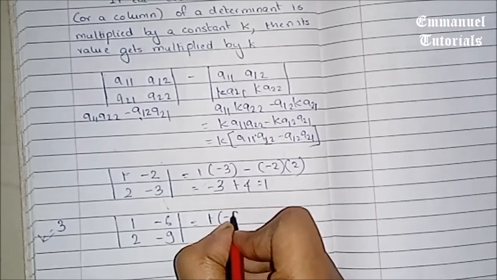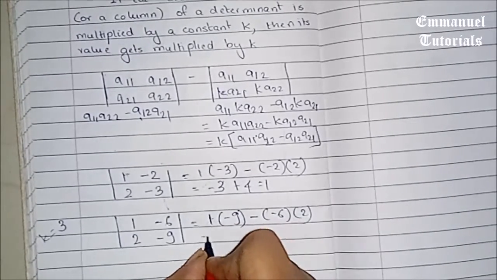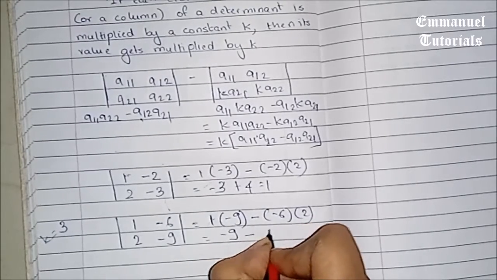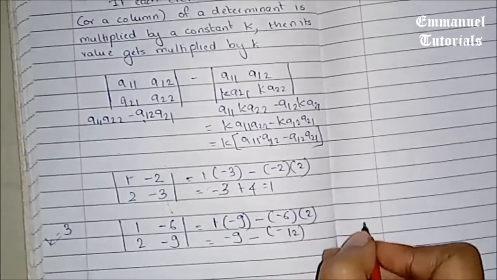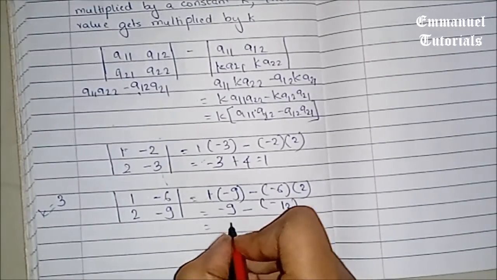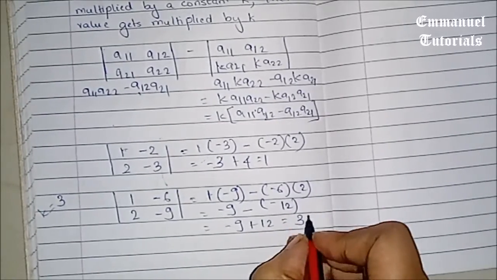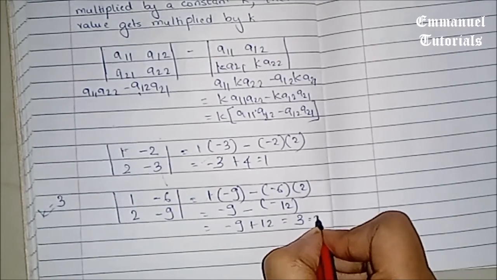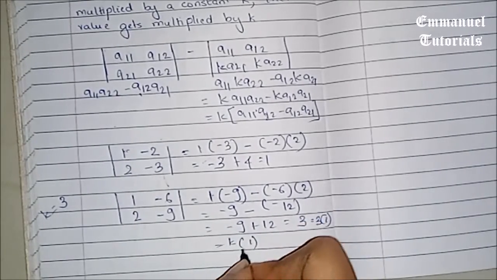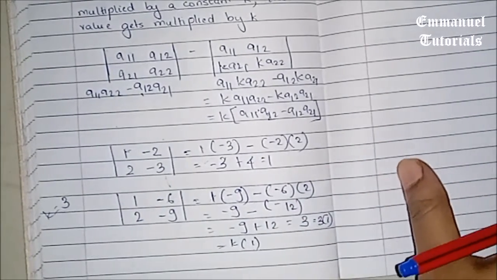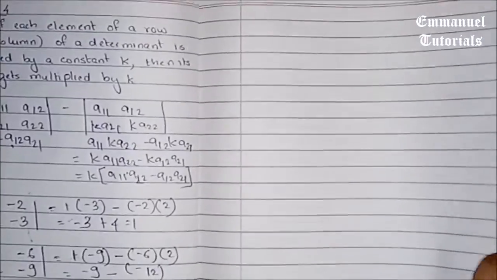So here it's going to be 1 into minus 9 minus minus 6 into 2, which is minus 9 plus 12, which is 3. So can you say that it is 3 times 1 or k times the original value? So we have proved it for the 2 by 2 determinant. Now we'll take a 3 by 3 example and try to prove that to understand it better.